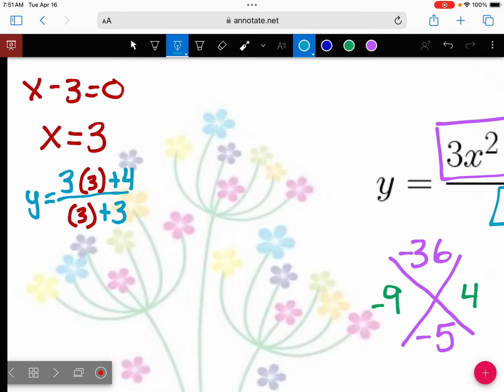Because what we have when we simplify this, we're simplifying this in pieces. So I'm going to simplify the numerator, and we're going to wind up with 3 times 3 being 9 plus 4, and 3 plus 3. So I did my multiplication there.